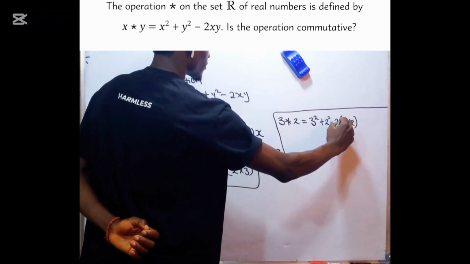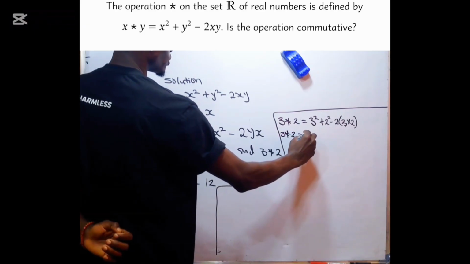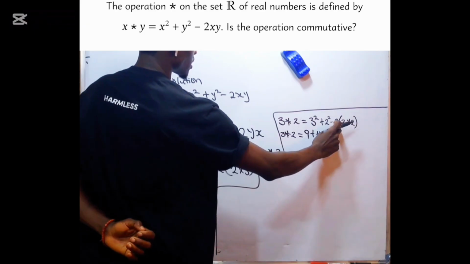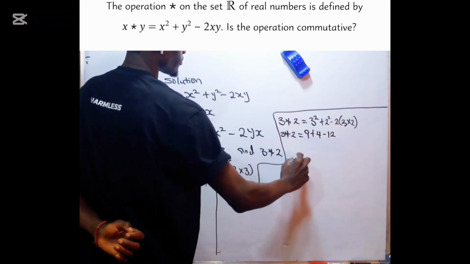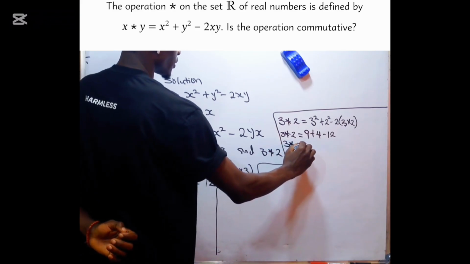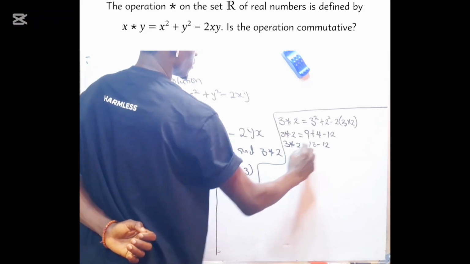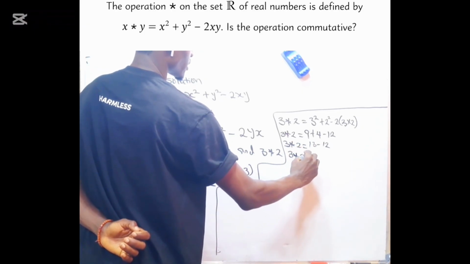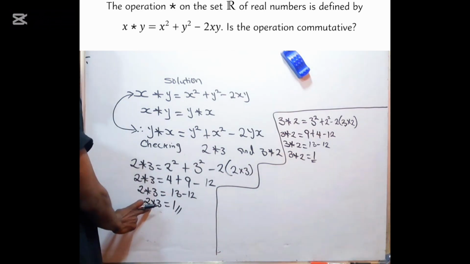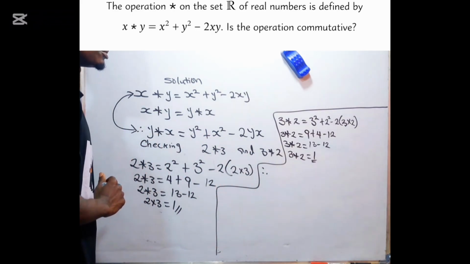So we have 3 asterisk 2 to be 9 plus 4 minus 3 times 2, 6, 6 times 2, 12. So 3 asterisk 2 will be equal to 9 plus 4, 13, minus 12. Therefore, 3 asterisk 2 is equal to 1. You can see that 3 asterisk 2 is equal to 1, 2 asterisk 3 is equal to 1. That means the binary operation has been confirmed to be commutative.